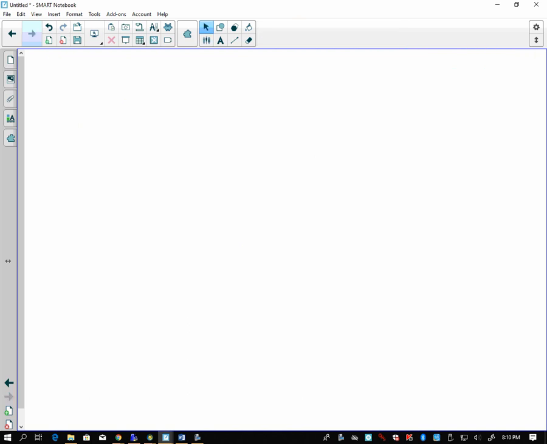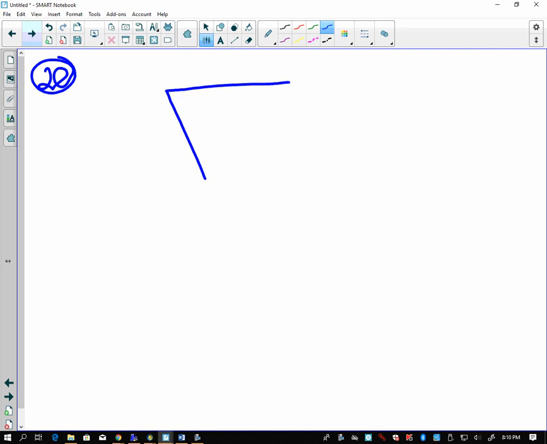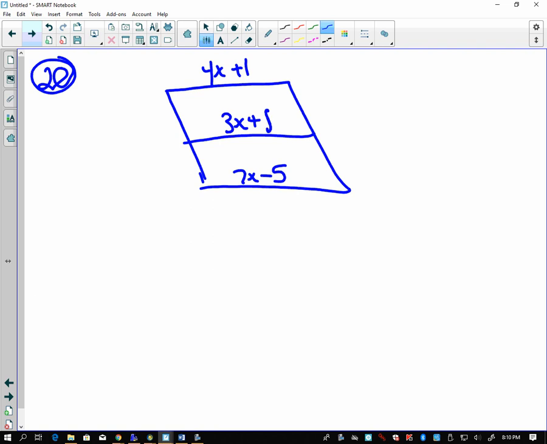Okay, 20. All right, you've got a figure that looks like this, with a line across here: 4x plus 1, 7x minus 5, 3x plus 8.